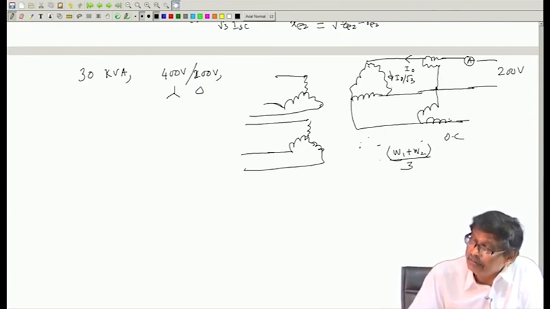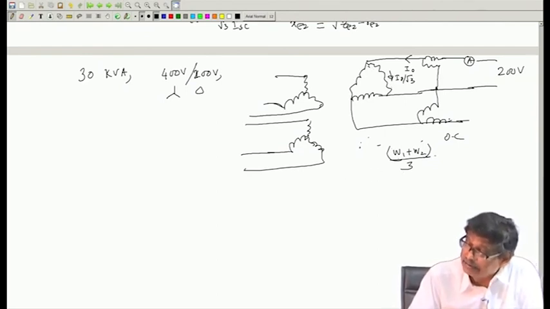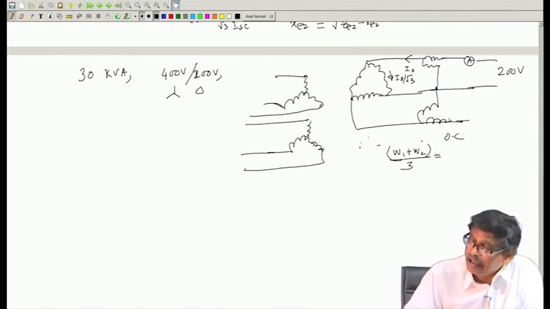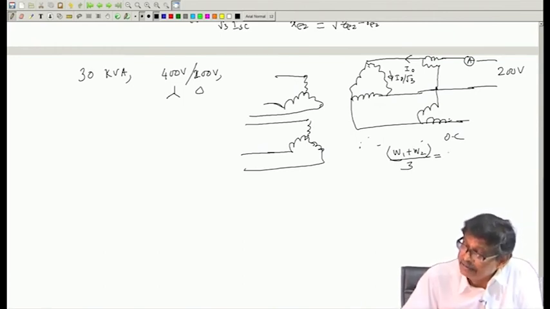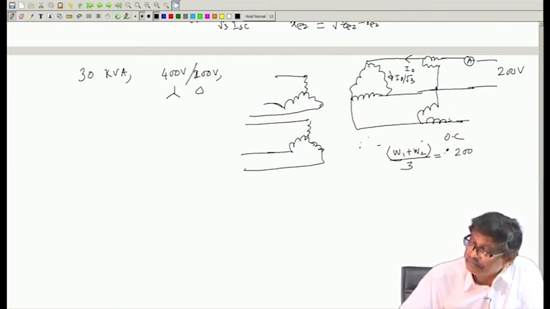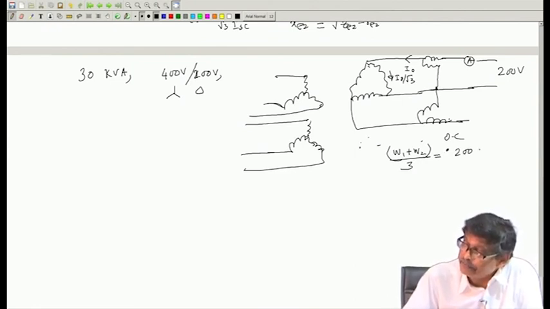So, in that case I will do it like this, that is this by 3, V naught into I naught by root 3.